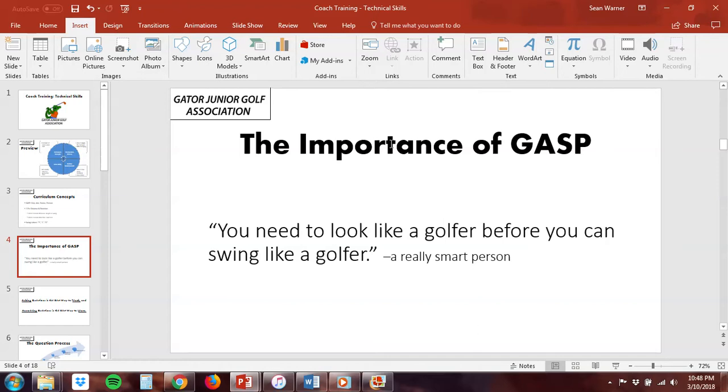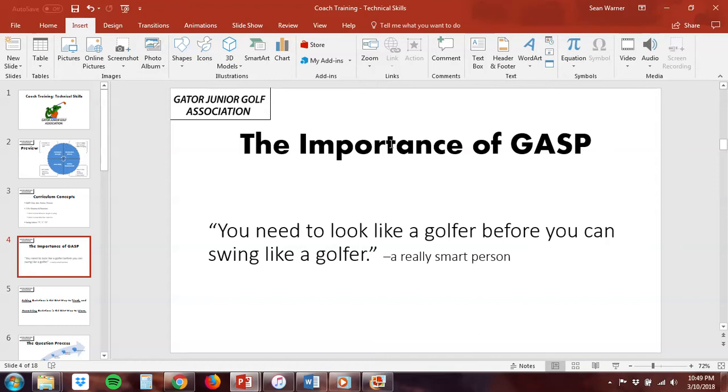So the importance of GASP: before you do anything with teaching golf, the first thing we've got to do is get the setup down. They have to look like a golfer. If they at least look like a golfer, then we've done something right. Getting them to hit it like a golfer is a very challenging task, and it's not something you can do overnight.